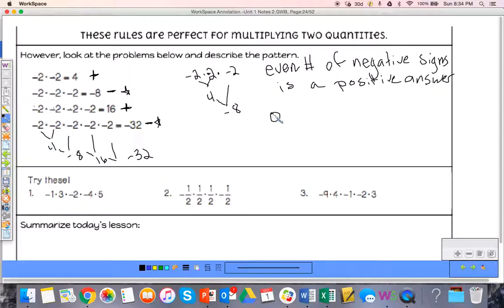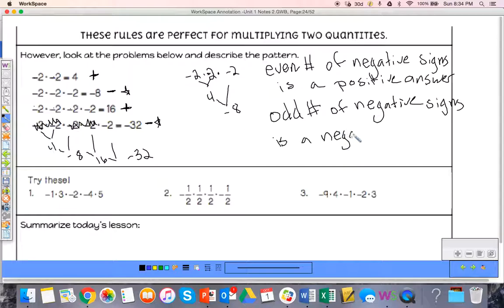If there's an odd number, okay, because what happens is these two negative signs cancel each other out, these two negative signs cancel each other out, but we always have that one left over that turns it back into a negative answer. So an odd number of negative signs is a negative answer.